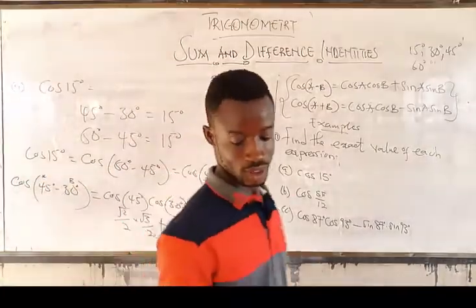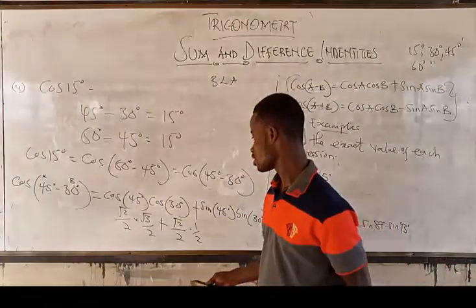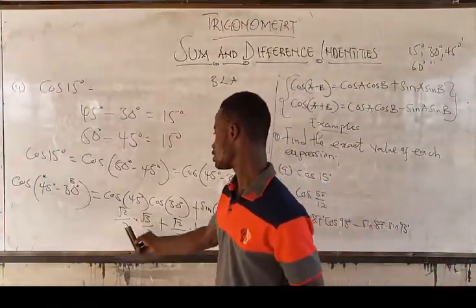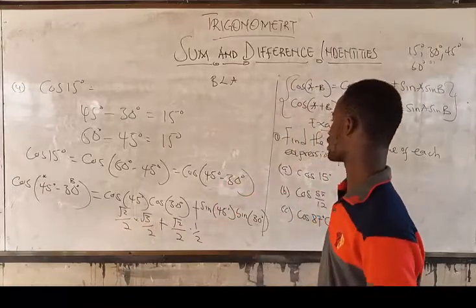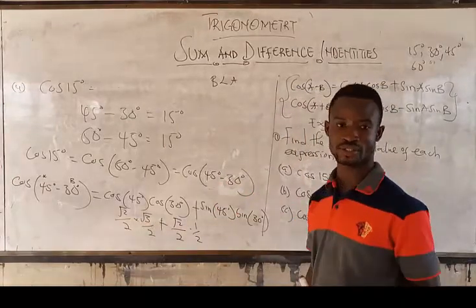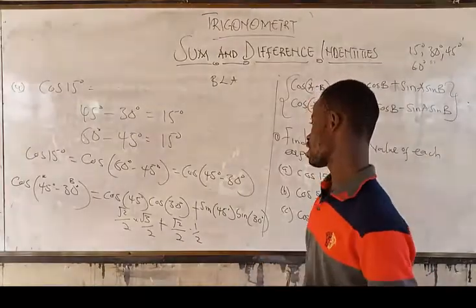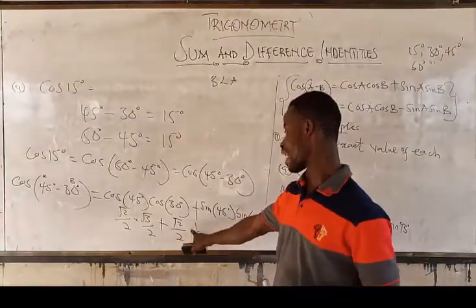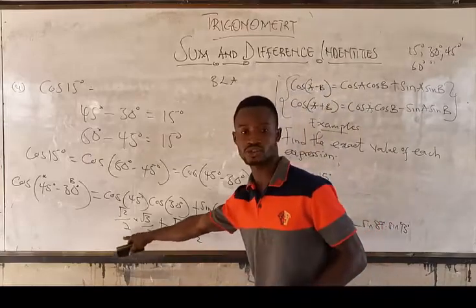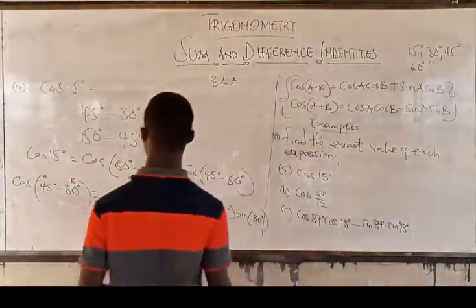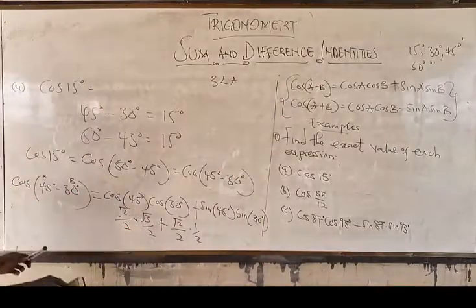Square root of 2 times square root of 3 gives you square root of 6. Square root of 2 times 1 gives you square root of 2. 2 times 2 is 4, and 2 times 2 is 4. So we get the same denominator.